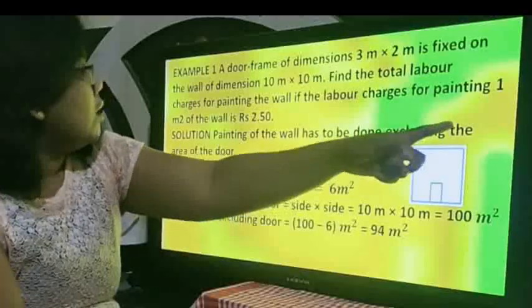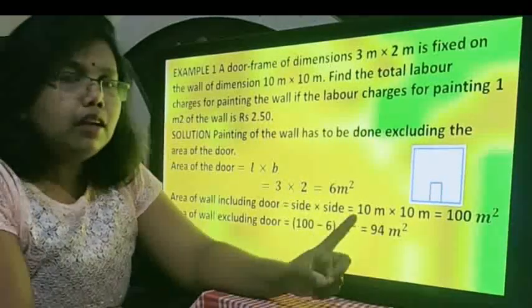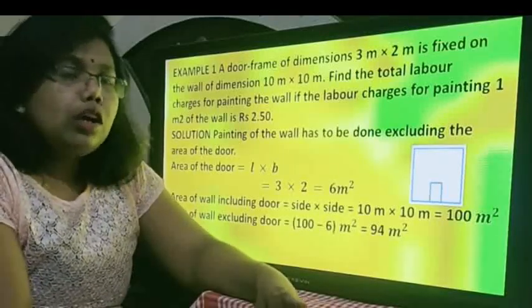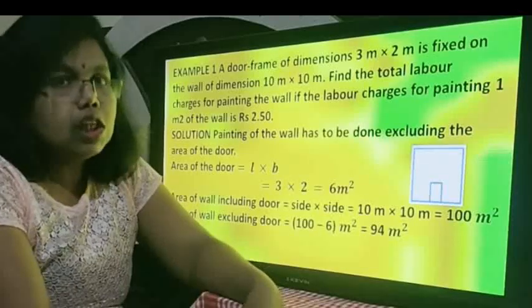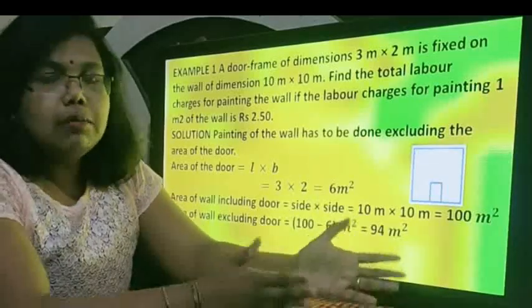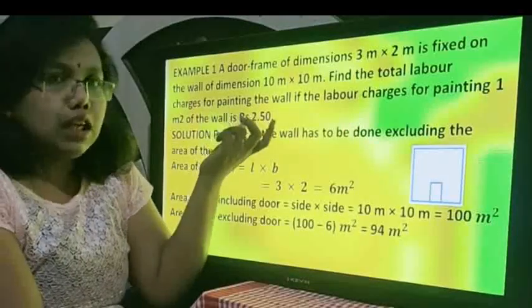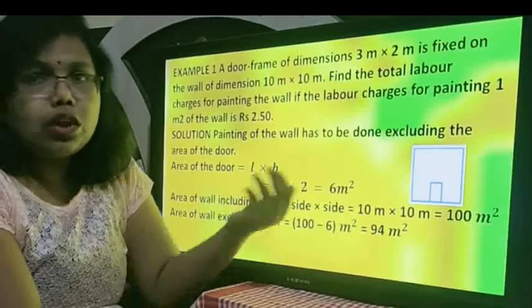Now here 1 meter square is rupees 2.50. So for 1 meter square you have been charged 2 rupees 50 paise. So what about 94 meters? Whenever we have to find the cost, if we are finding the area, then it is area multiplied by the rate. This charge is called the rate, that is, per meter square how much you are paying.